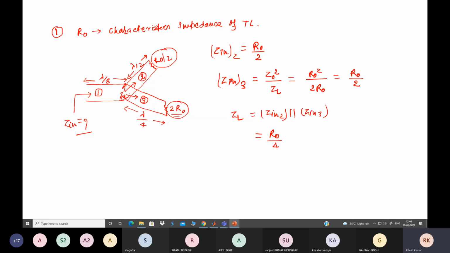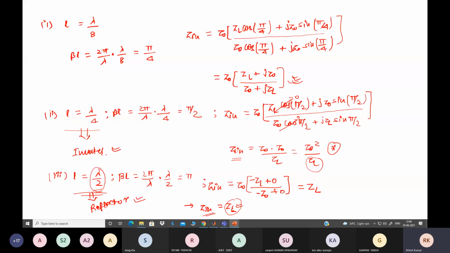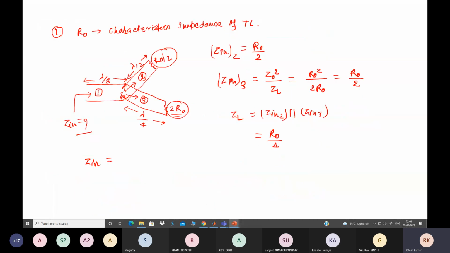Now once we have ZL for this transmission line as R naught by 4, we can find the input impedance here, and that input impedance, for lambda by 8, what is the expression for this? Z in equals Z naught into ZL plus j Z naught tan divided by Z naught plus j ZL.